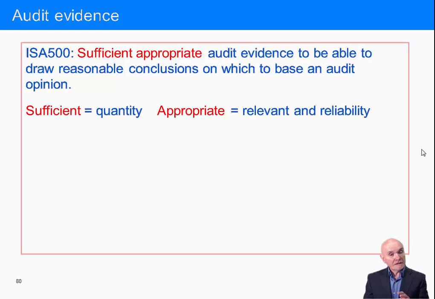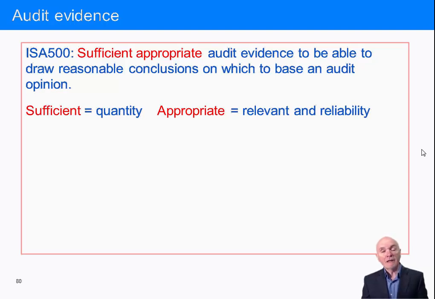So the evidence, I say again, can either be about the controls being in operation, or there can be this more direct kind of substantive evidence that the document itself is correct, or the balance itself is correct.